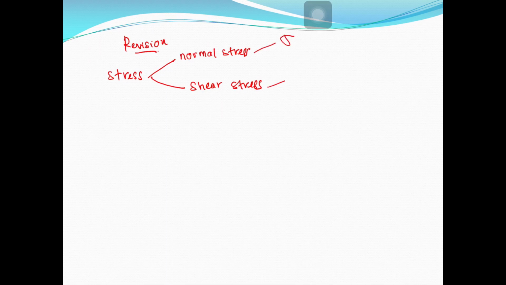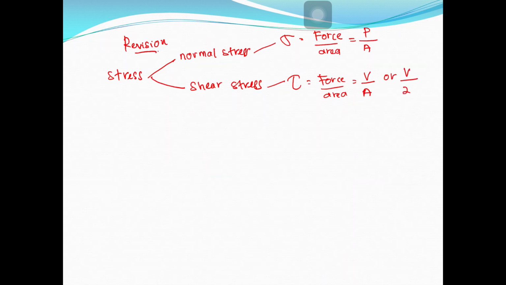Here you have sigma, here you have tau, and you have force over area. But the symbol for this one is a bit different. You have P over area, and you have V for shear load over area, or V over 2A.